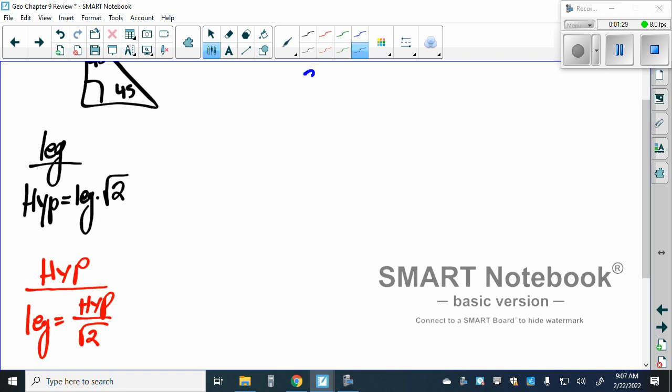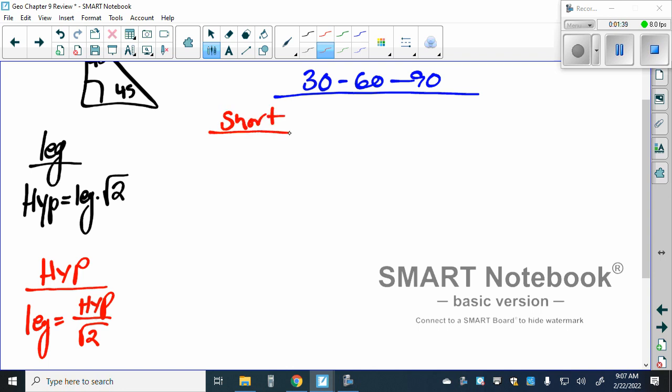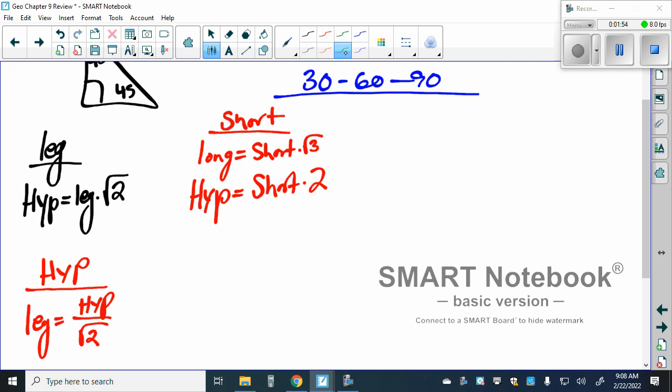Now, for our other triangle, we had the 30, 60, 90 right triangle. If we were given the side opposite 30 degrees, the short side, the long side was the short side times square root of 3. The hypotenuse, guys, was the short side times 2.